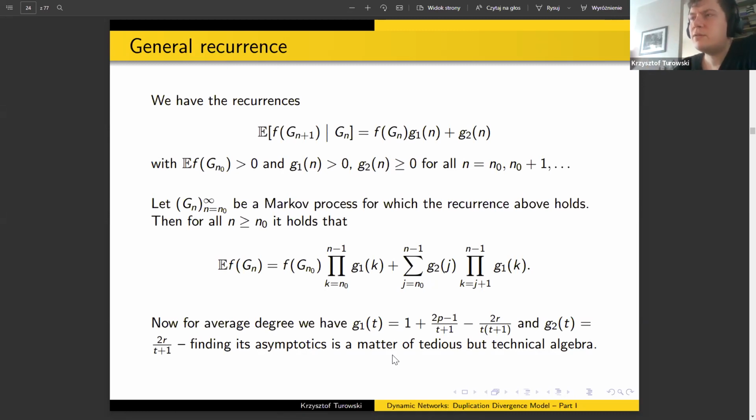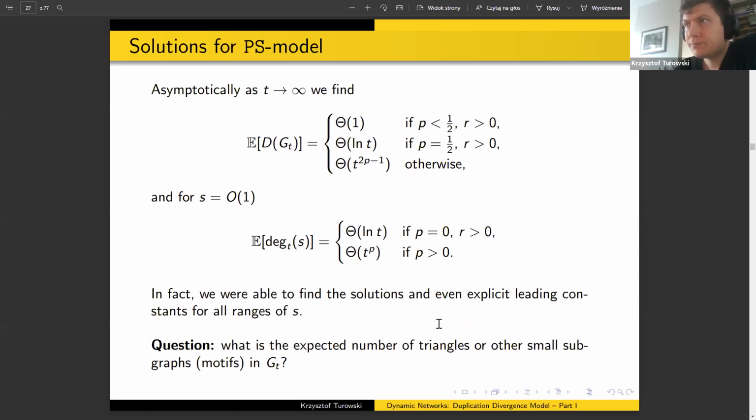In fact, the proper value which affects our rate of growth the most is the second term. So whenever we have, for example, here 2p minus 1, we suppose that the rate of growth would be proportional to 2p minus 1, with some small deviations in case the other terms might be more important.